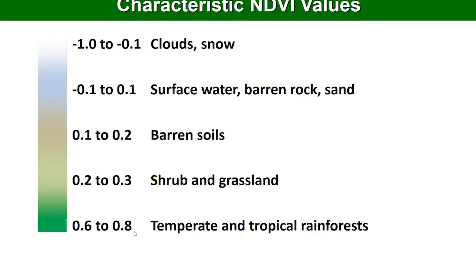For that reason, we will always have less than 1. In other words, it would start from 0 to 1. And here we have minus because just for snow, it would absorb all near infrared, and basically it doesn't mean anything. So for plants, it would start from 0 to 1.